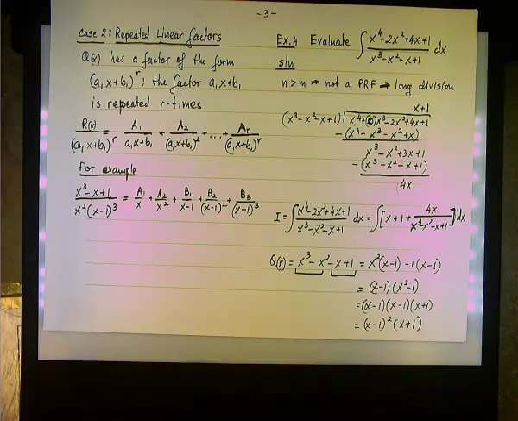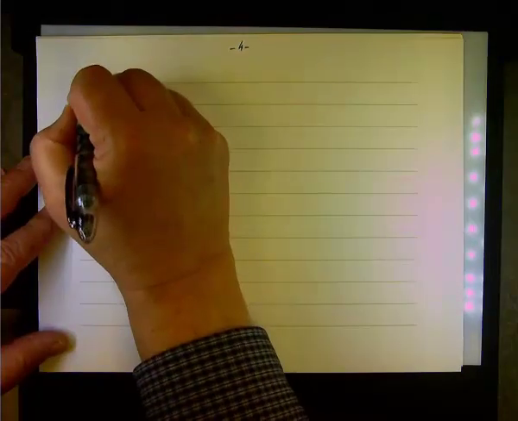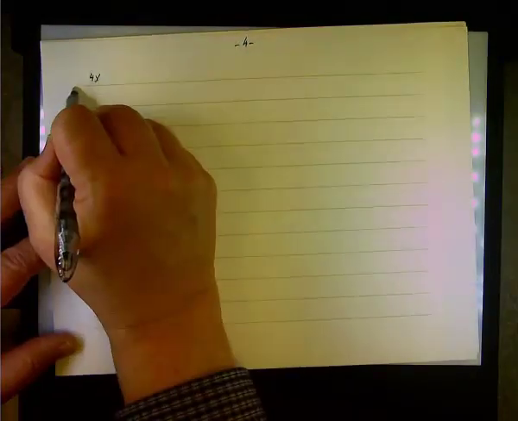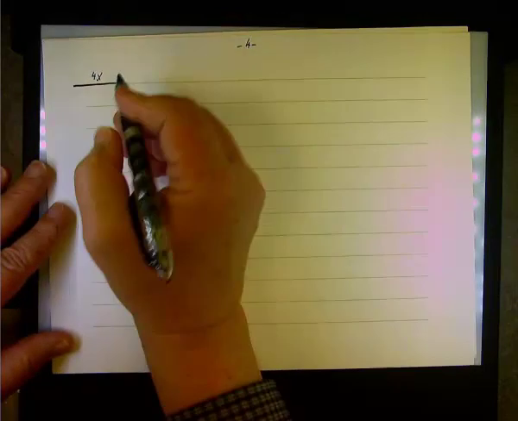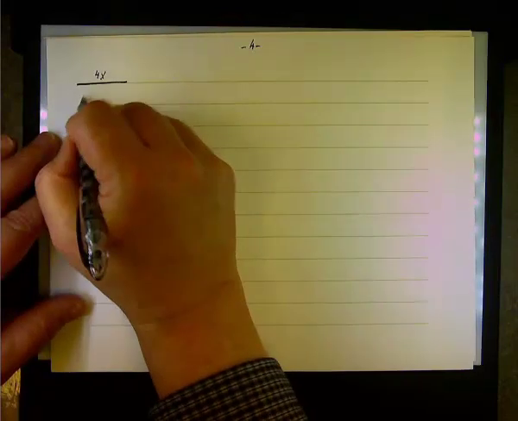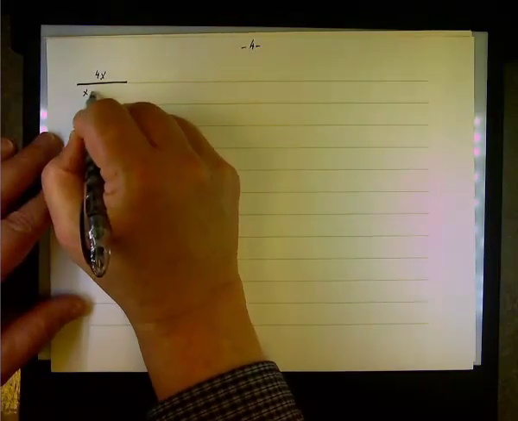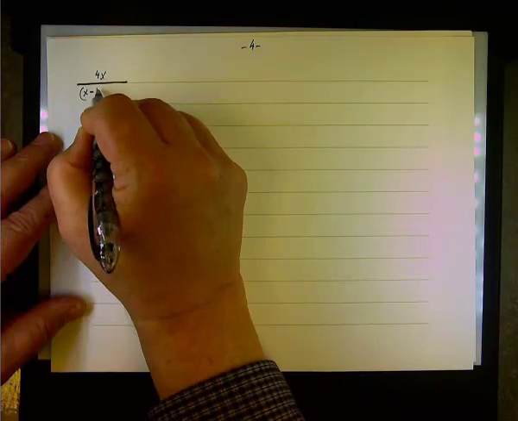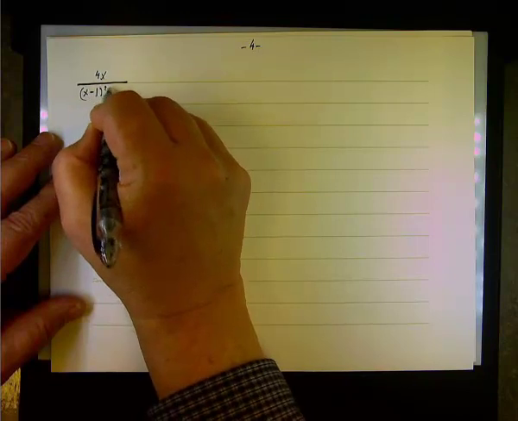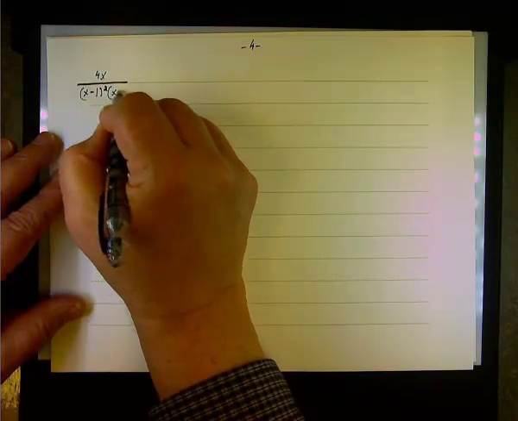Okay. I'll pause for a second here to let you catch up. We are ready to write the partial fraction decomposition. This is the remainder only, 4x over x minus 1 squared times x plus 1.